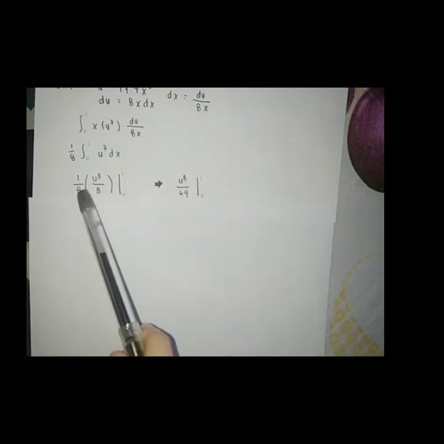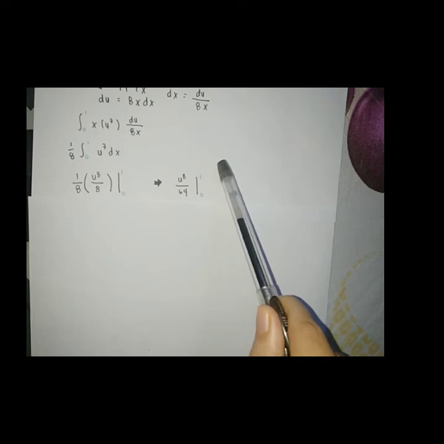Then since they are multiplied together, u to the 8 over 64 bounded from 0 to 1. Since we got that, I put back the value of u. So it is 1 plus 4x squared raised to 8 over 64 bounded from 0 to 1. So I am done with the first one.